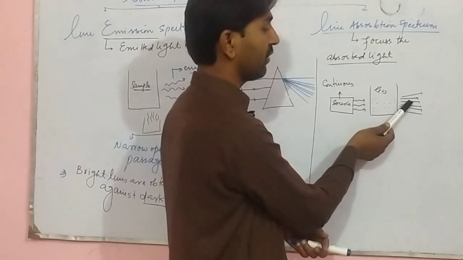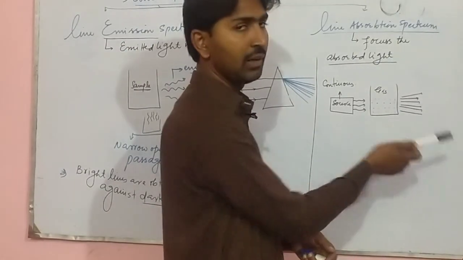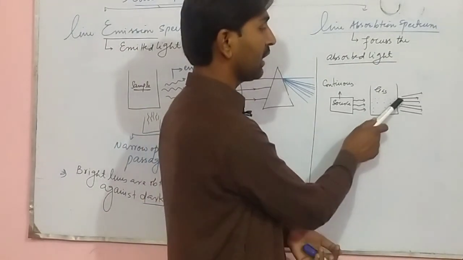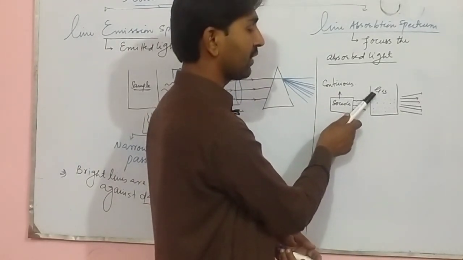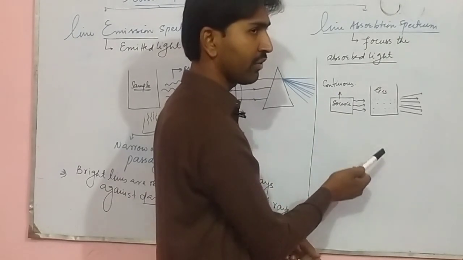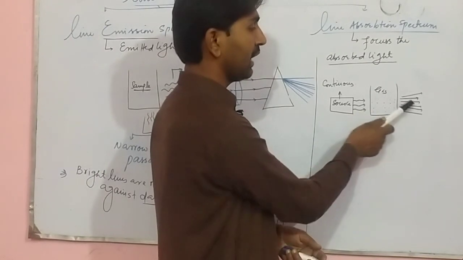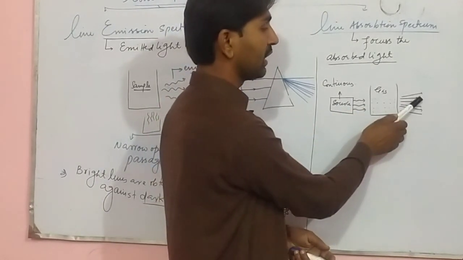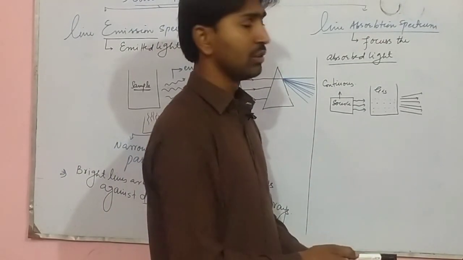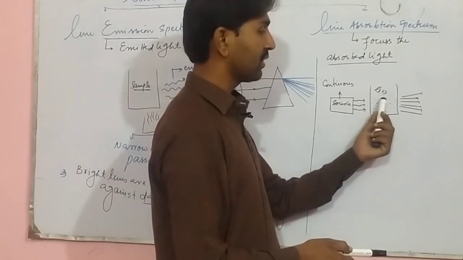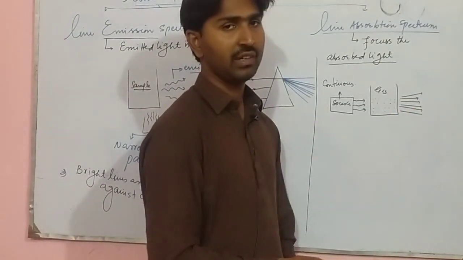Those wavelengths and frequencies must be absent in the final spectrum. At those positions they will appear as dark points or dark background. The lines which are not absorbed by the gas will appear in the final spectrum.